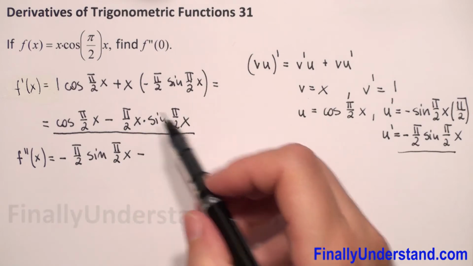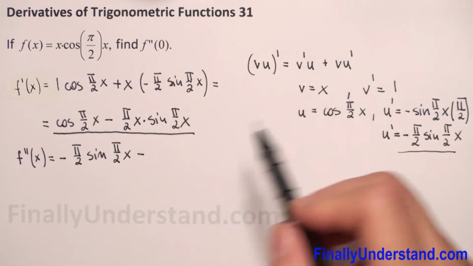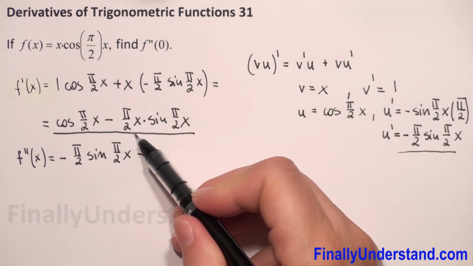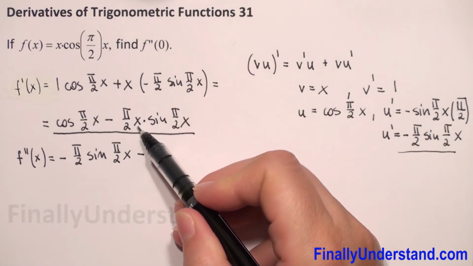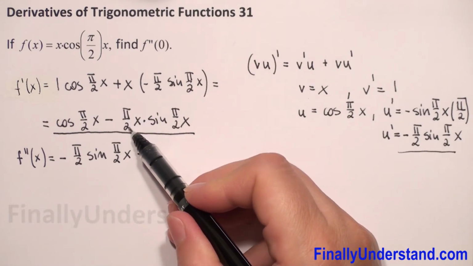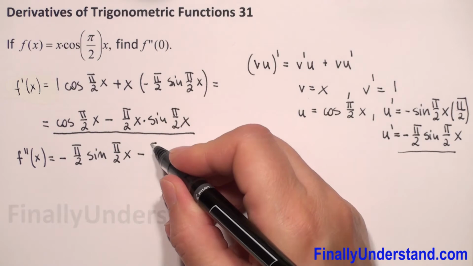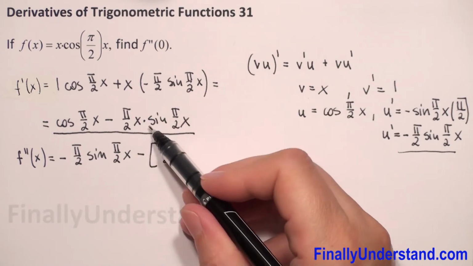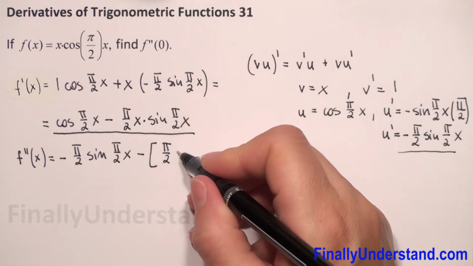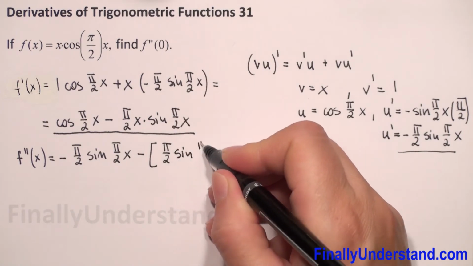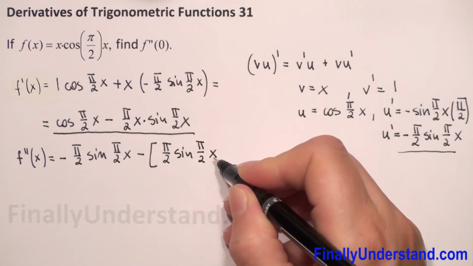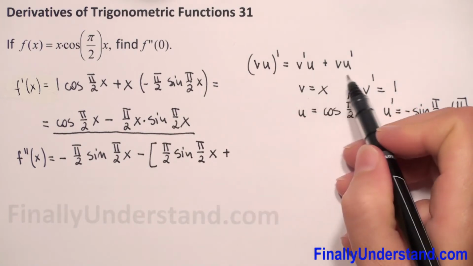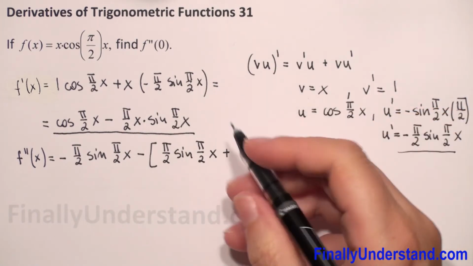It means we have to use this rule. So first we have to find the derivative of the first expression. The derivative of pi over 2x, I will open brackets, is pi over 2, and we just copy sine of pi over 2x plus, we still use this rule.